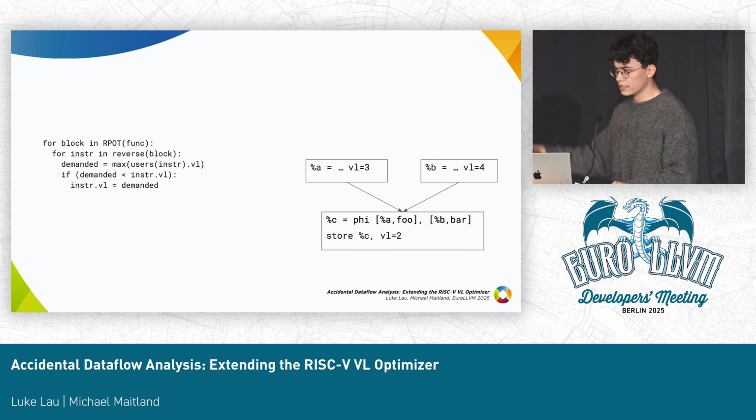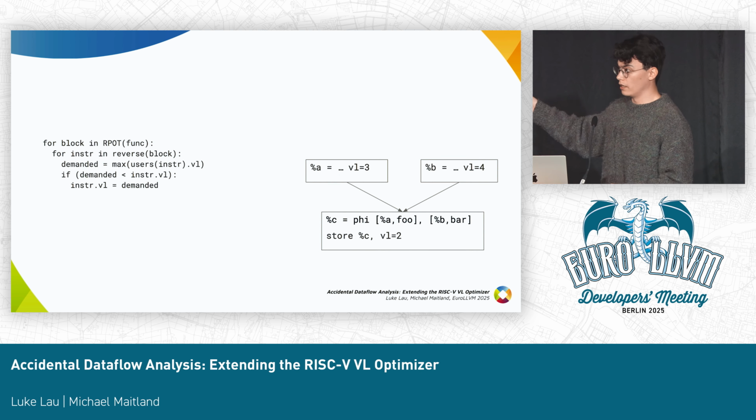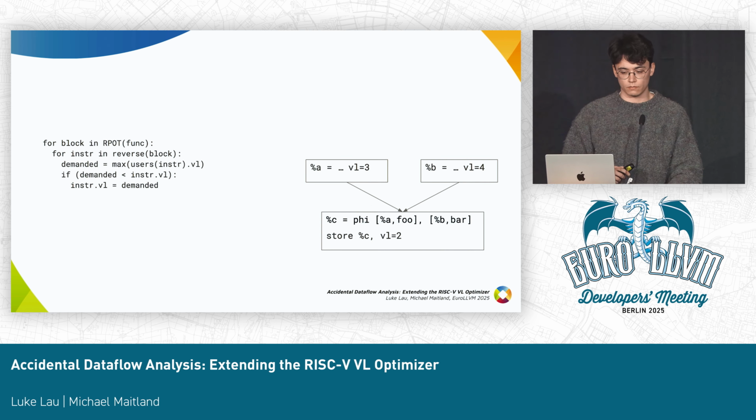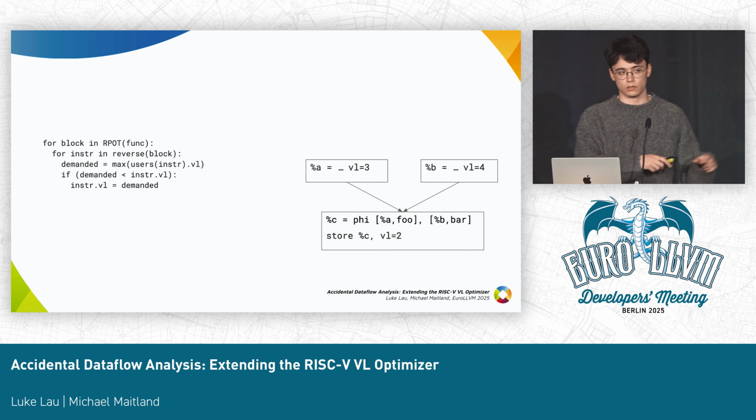So here's an example where the VL optimizer wasn't able to previously handle, and this is where we began extending it. In this example, we have a phi node, and its users are the A and B values. We should be able to reduce the VL of A and B to 2 because ultimately they're only used by a store, this root instruction, which only has a VL of 2, right?